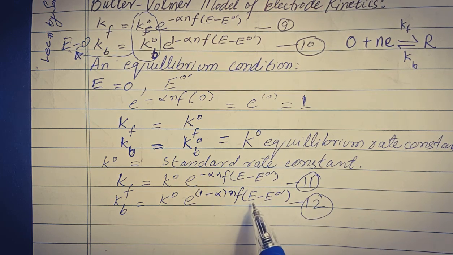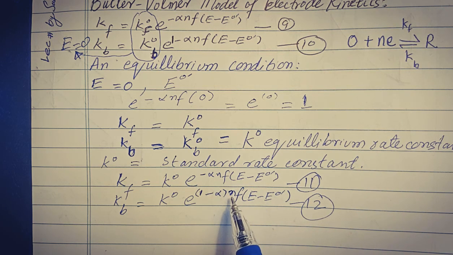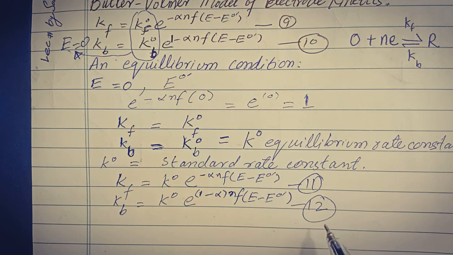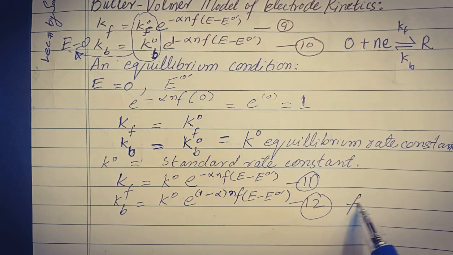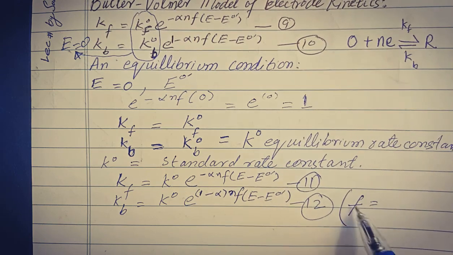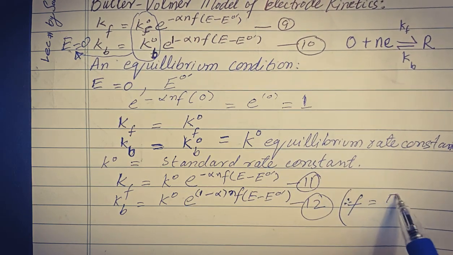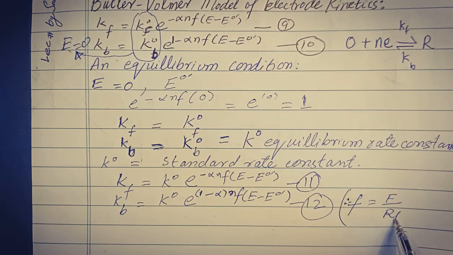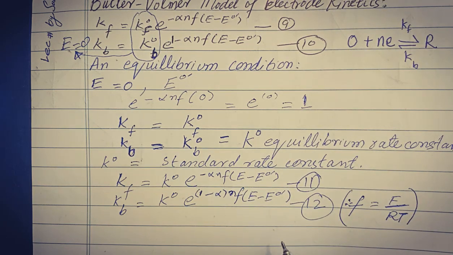So here E is the applied potential and this one is the equilibrium potential, and N is the number of electrons transferred during the redox process, whereas F is a factor which is equal to the Faraday constant over the general gas constant times temperature.